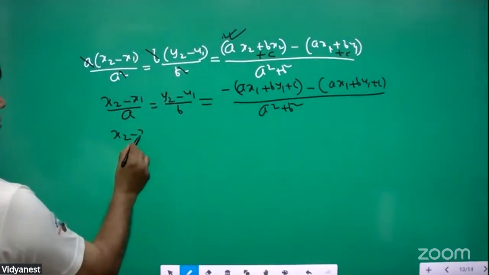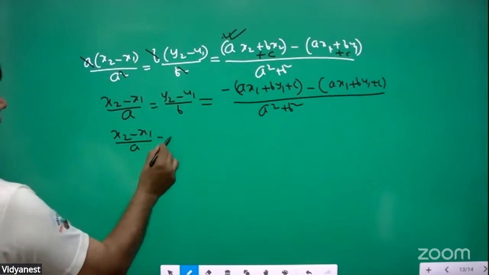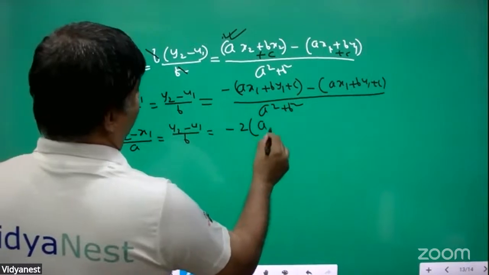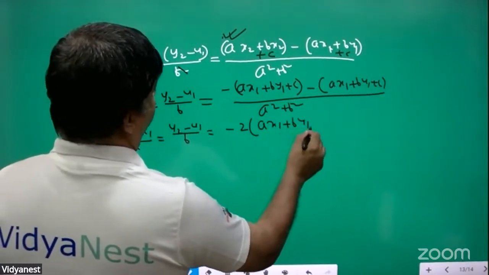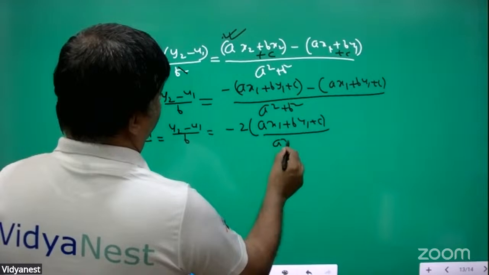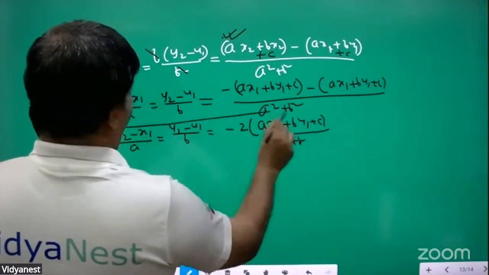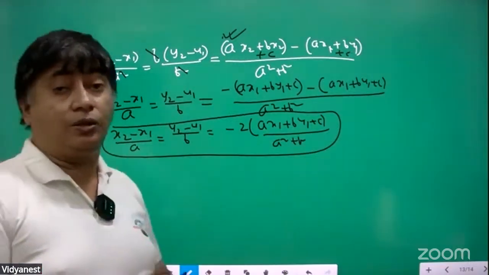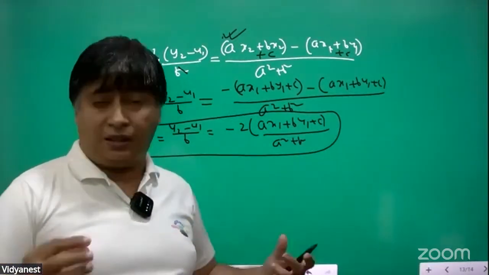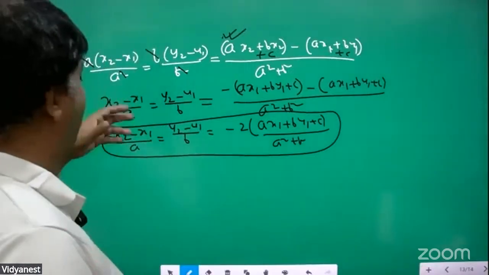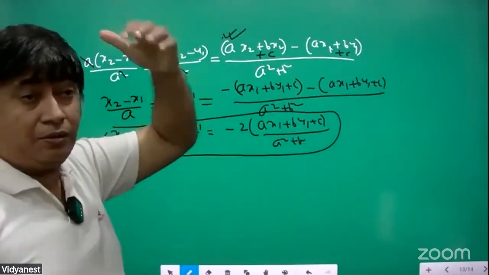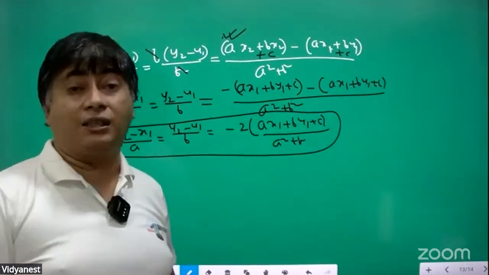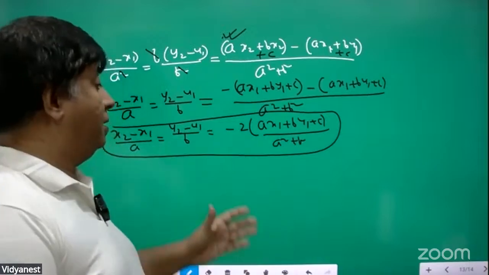So x2 minus x1 by a, y2 minus y1 by b is minus twice ax1 plus by1 plus c by a square plus b square. This is the shortcut formula, though to establish the formula we had to spend a little bit of time, but if you can store this in your hard disk, means in your mind, then easily in a second or a minute you can find the image.